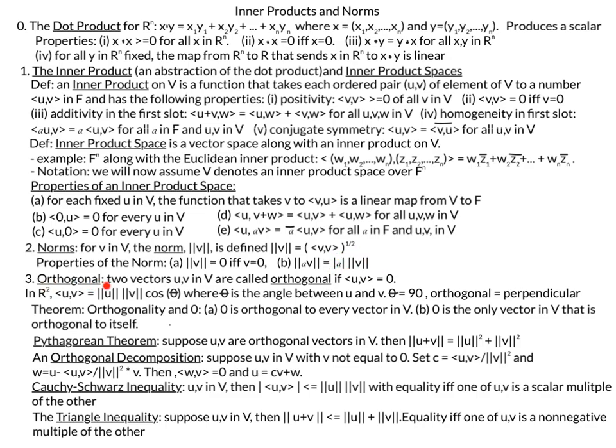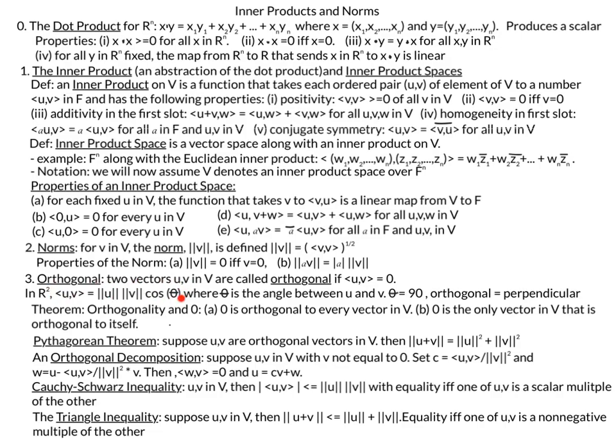We talked about orthogonality of two vectors, u and v, in our vector space. So u and v are called orthogonal if the inner product of u and v is equal to 0. And from vector calculus, we discussed orthogonality in R2, where we defined the inner product of u, v as the norm of u times the norm of v times cosine of theta.